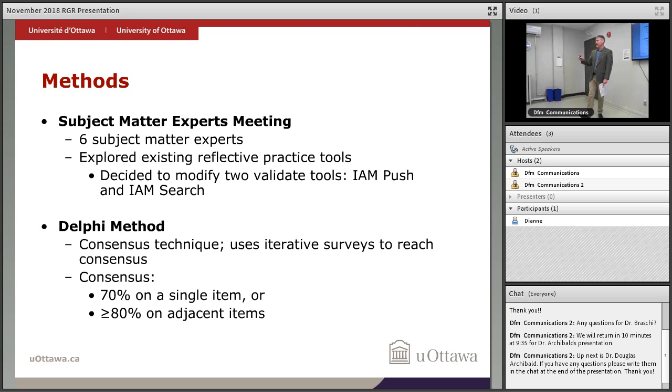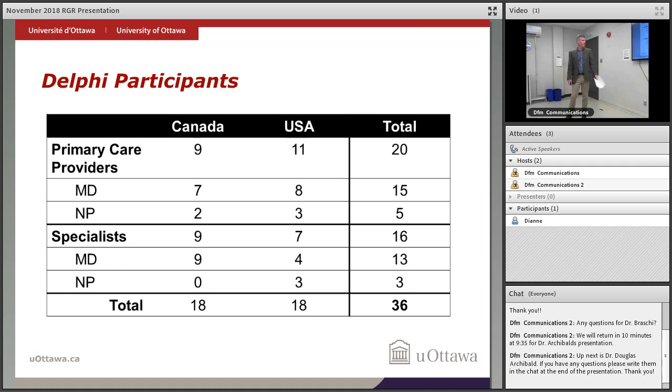But that's not good enough. You can have a group of experts together to develop a tool, but how can you ensure that it's actually going to be used in practice? So this is where we did a Delphi with both Canadian primary care providers and specialists and US primary care providers and specialists, to see if this was actually a useful tool for them.